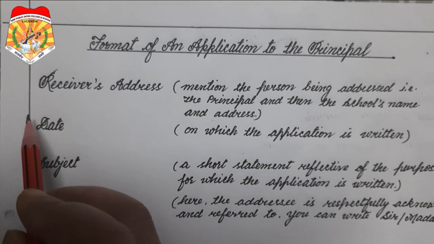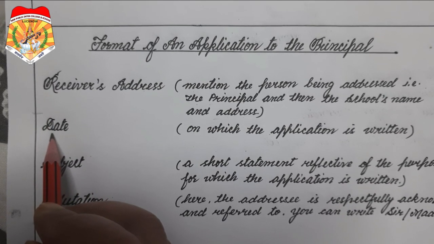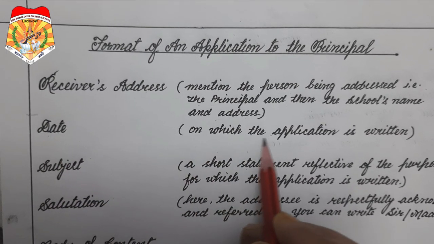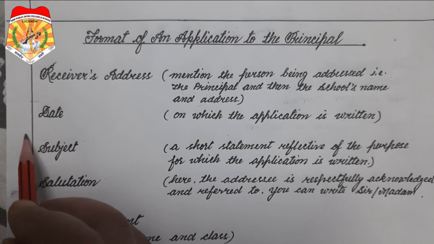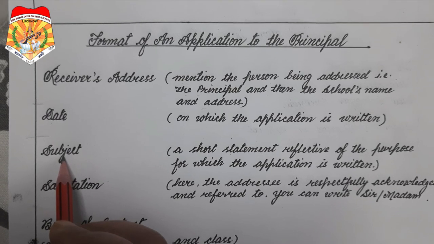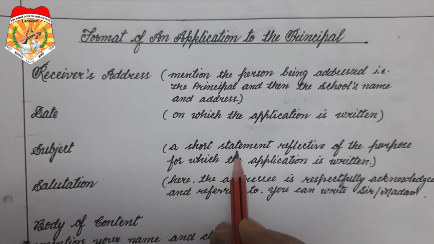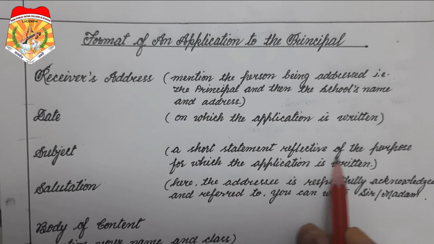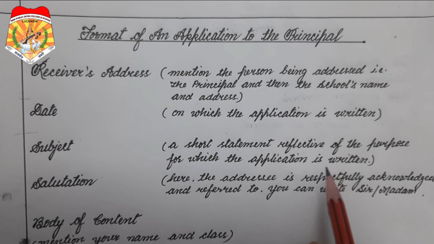After writing this section, you will leave one line and then write the date on which the application is written. Leave one line again and write subject. And your subject should be a short statement reflective of the purpose for which the application is written.